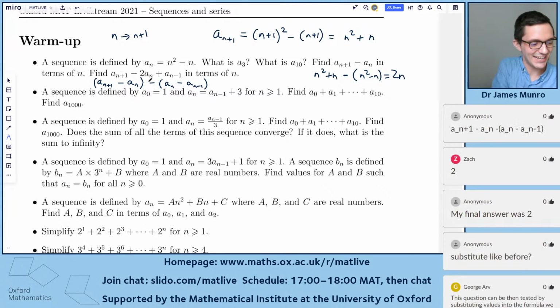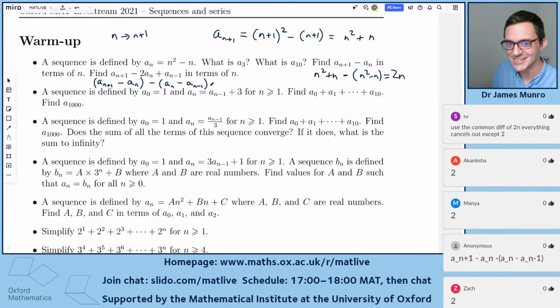Yes, and somebody in chat has done that at the same time as well. Yeah, common difference of 2n. And this is a cunning idea because we can use the previous part of the question. The previous part of the question was to work out a_{n+1} minus a_n, which is just 2n. And this next thing in here is the same thing but with n plus 1 replaced with n.